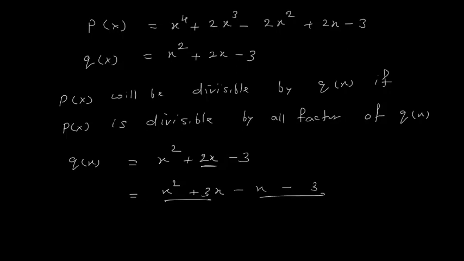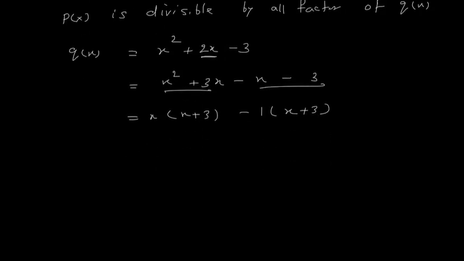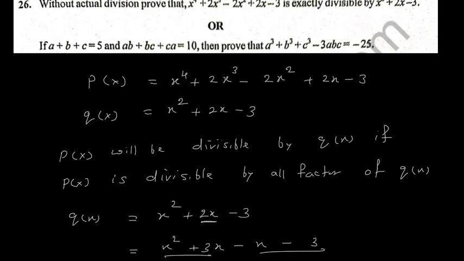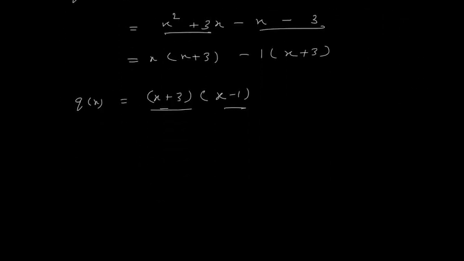So in this I will take x common, so here it is x plus 3. Here I will take minus 1 common, so again it is x plus 3. So I have Q(x) equal to x plus 3 in one bracket and x minus 1 in another bracket. Okay. Now I will find out the remainder for this P(x) when it is divided by x plus 3.